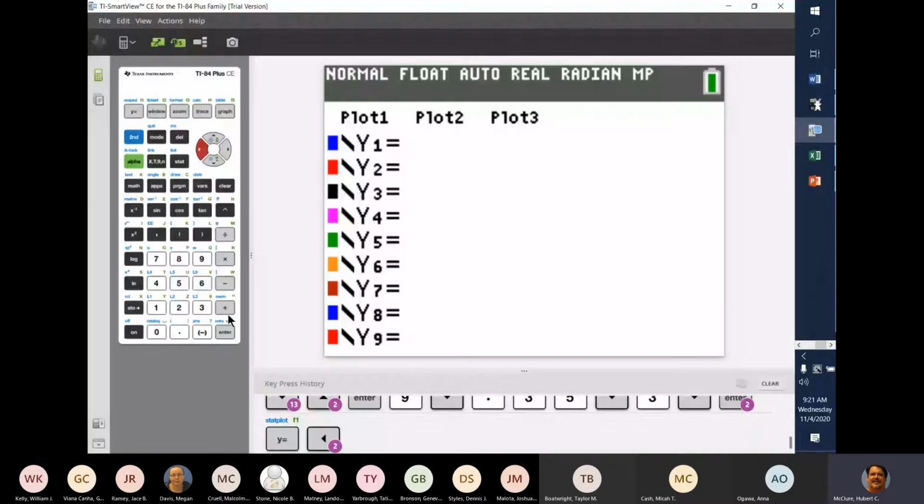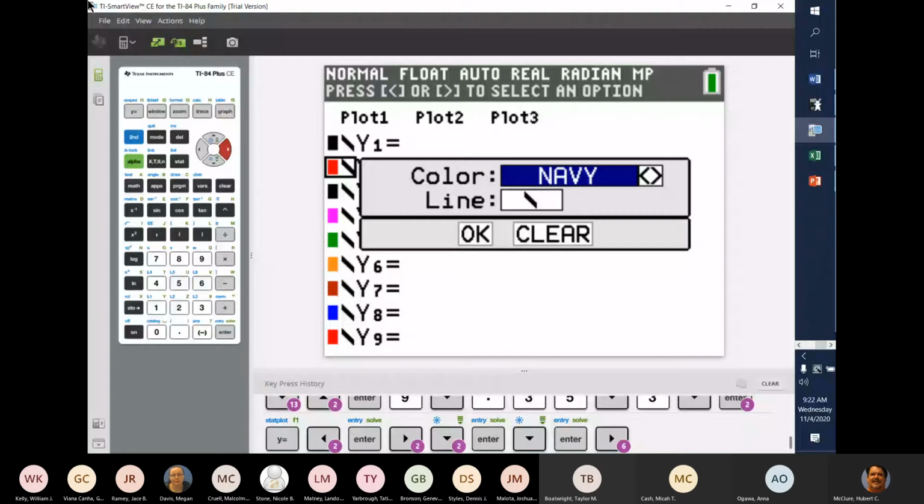And I'm going to change y sub 2 to blue. Y'all are impressed, aren't you? I figured y'all would be. Okay, so my first one is y is equal to 8x. And the second function is y is equal to parentheses 1 divided by 8x. And hit graph.